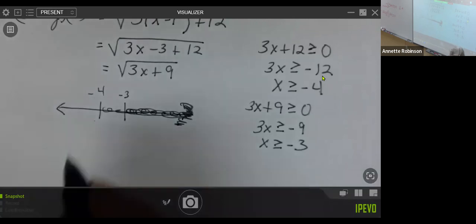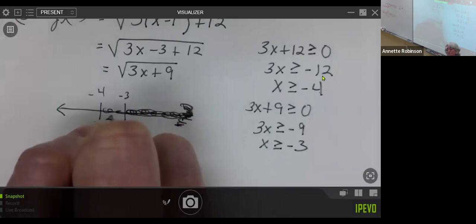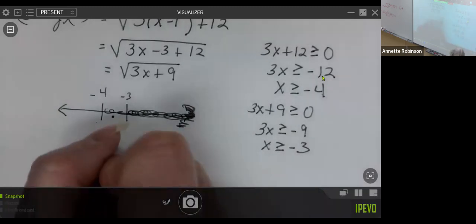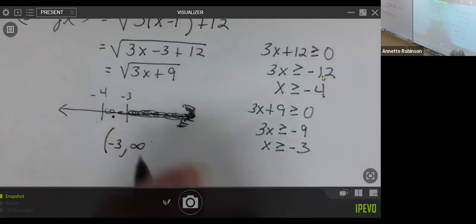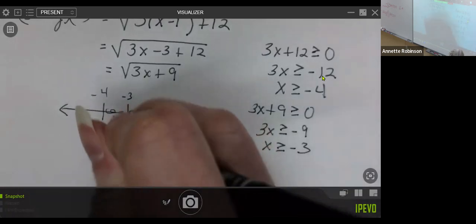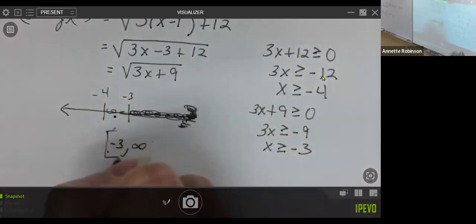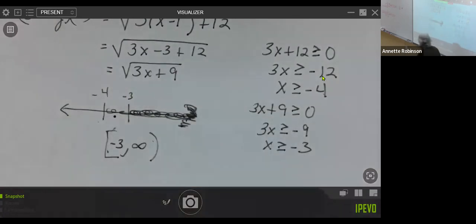I can't even use negative 3.1. Guess why? It's not bigger than negative 3. So the only thing y'all can use in this problem, oh, negative 3 can have a bracket though, because it is part of negative 4 shading, and it does have an equal part of that.